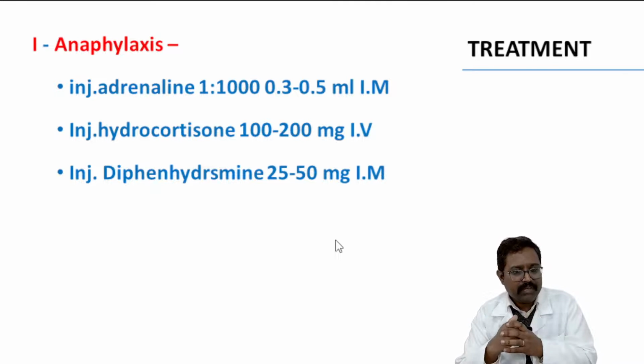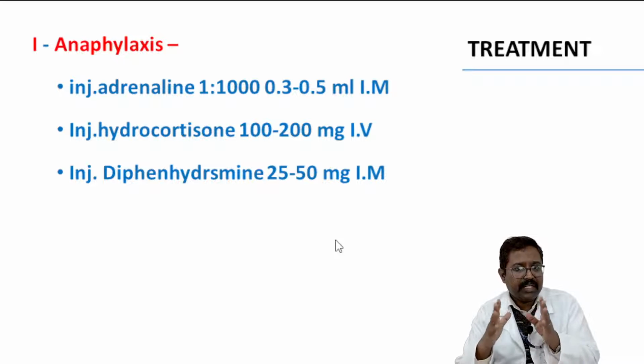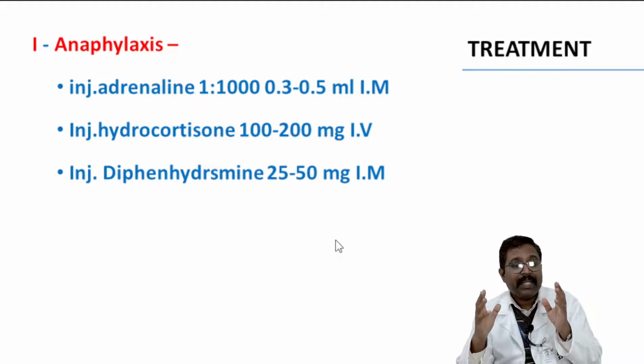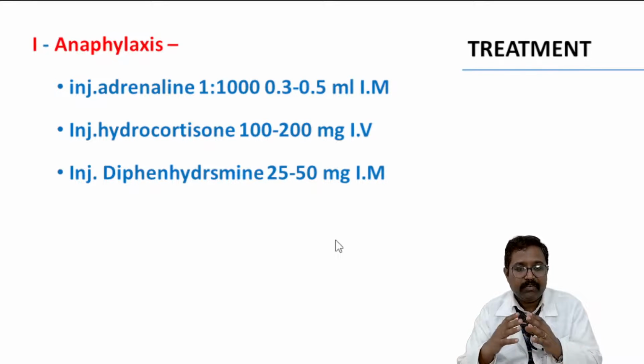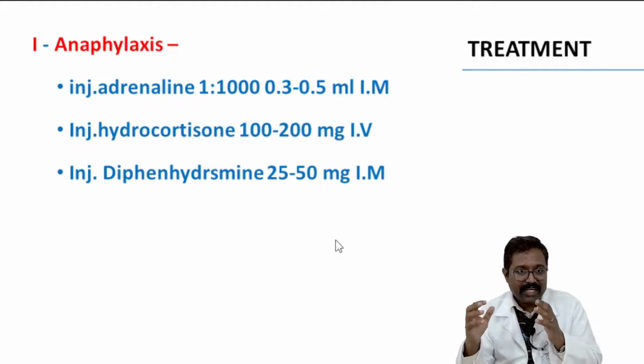The next is hydrocortisone, which is a wonder drug. 100 to 200 milligrams IV has to be given, and it can be repeated, mainly because of its anti-inflammatory property. It will reduce all the inflammatory mediated reactions. And next is injection diphenhydramine.